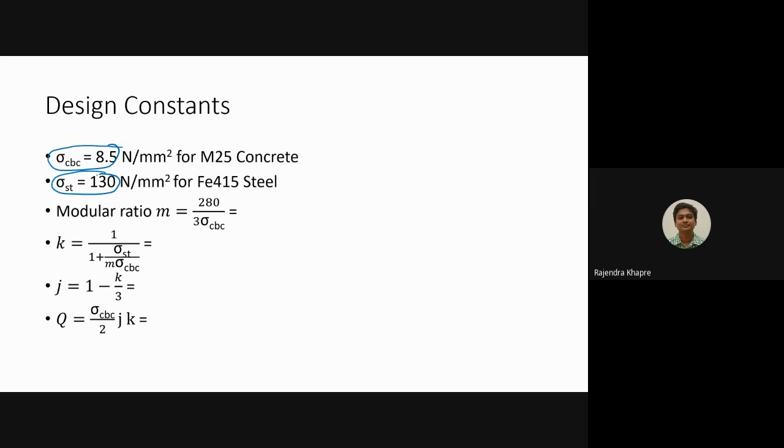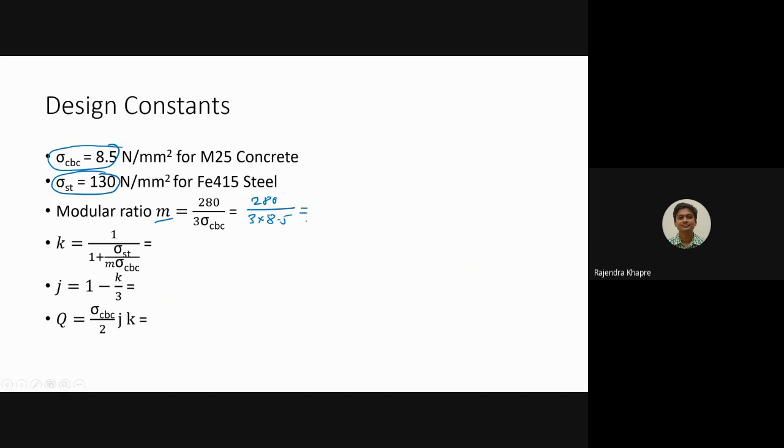So these are the values taken from the IS code, right? Now, depending on these values, we have to find out the design constants. So the first design constant is the modular ratio. Okay. So modular ratio is nothing but 280 divided by 3 into sigma CBC. So sigma CBC value is 8.5.